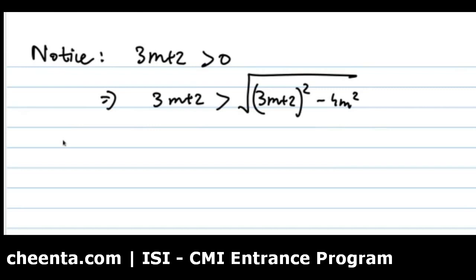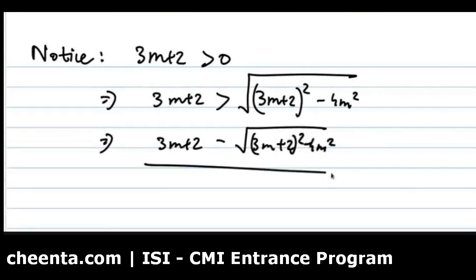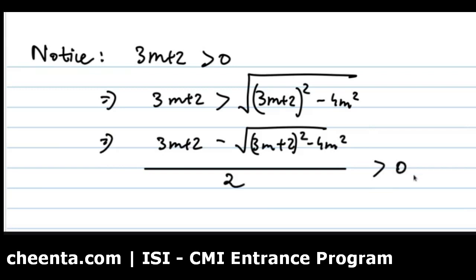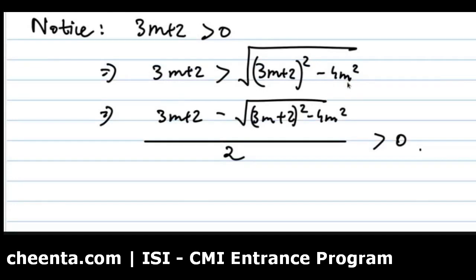Now what you do is, this implies 3m plus 2 minus this thing is again clearly greater than 0, and the positive will be anyway greater than 0 if 3m plus 2 is greater than 0.